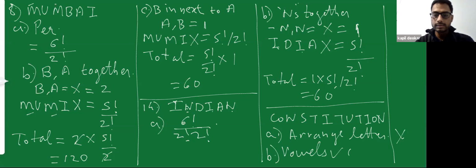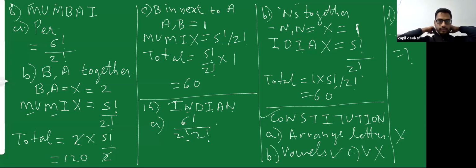Third, you don't want your vowels to be together. And your D question is that you want your word constitution to start and end with N, and in between you can write anything. In how many ways can that be done? You have 2 minutes to solve this question and copy down this. If you have any doubts, you can ask now. Start.